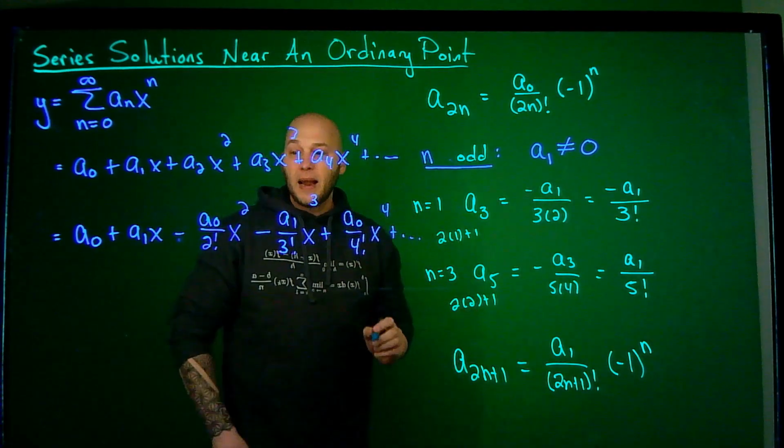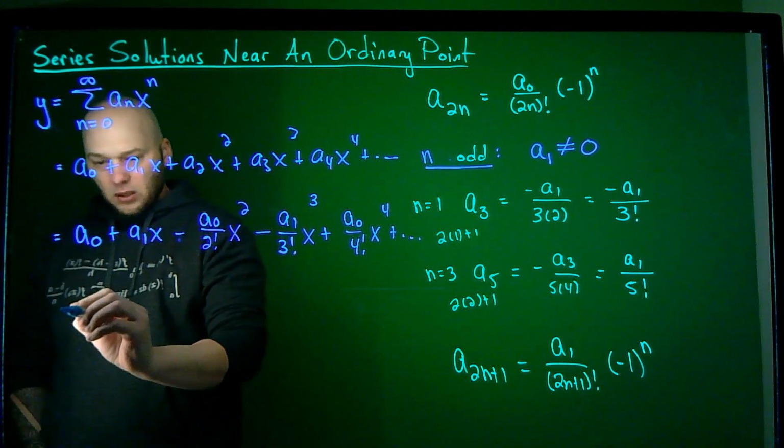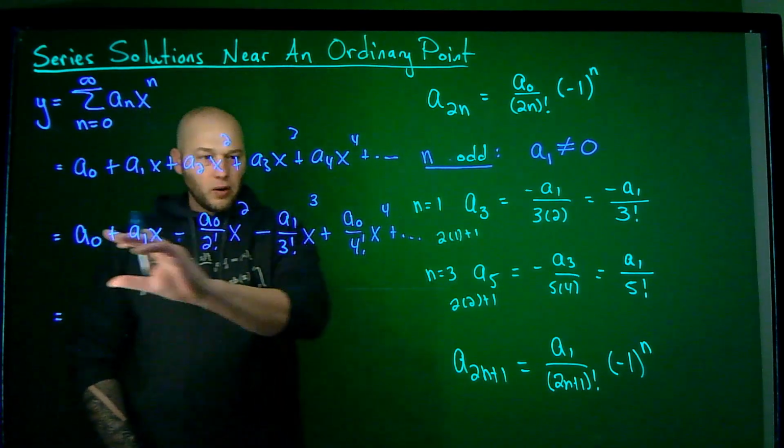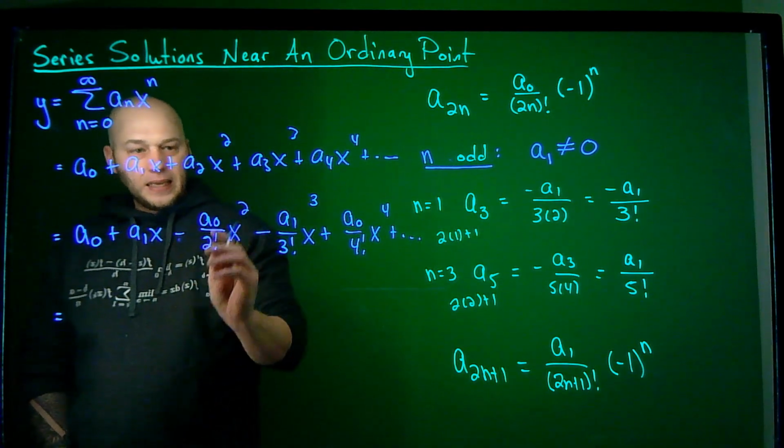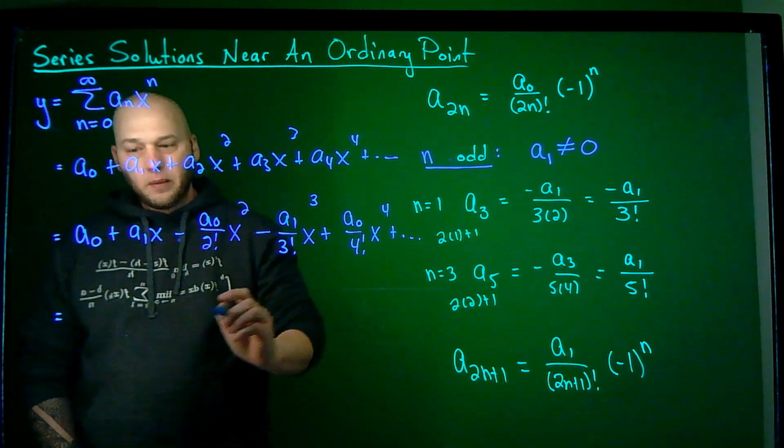Now, let's take this series, which since it's convergent, I can rearrange the terms, and let's combine all of the even powers and all of the odd powers.